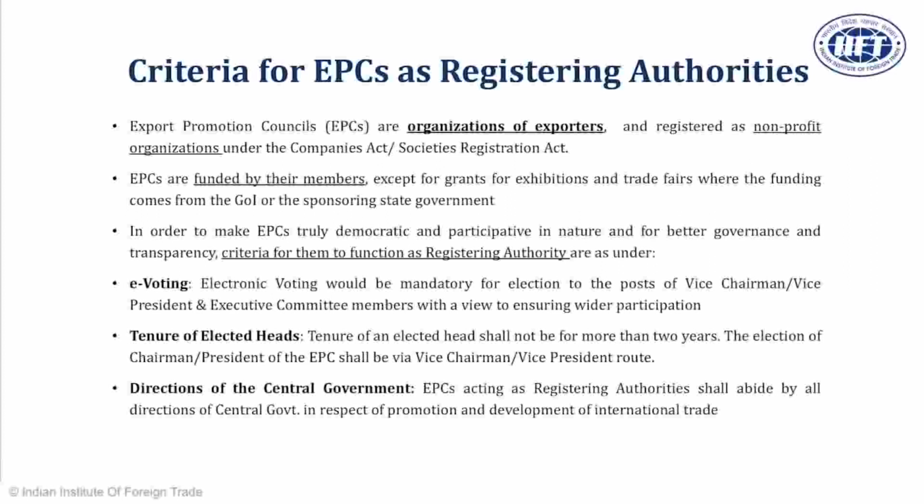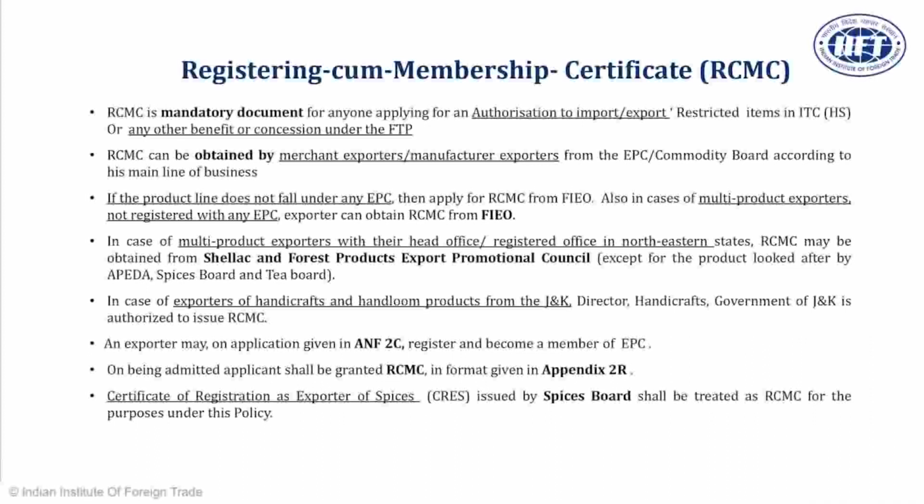EPCs are also responsible for carrying out all the government activities. They are there so that they can report to the government the difficulties faced by the trade, and they must ensure that they follow all the directions of the central government. We talked about EPCs being registering bodies. So, what are they registering?